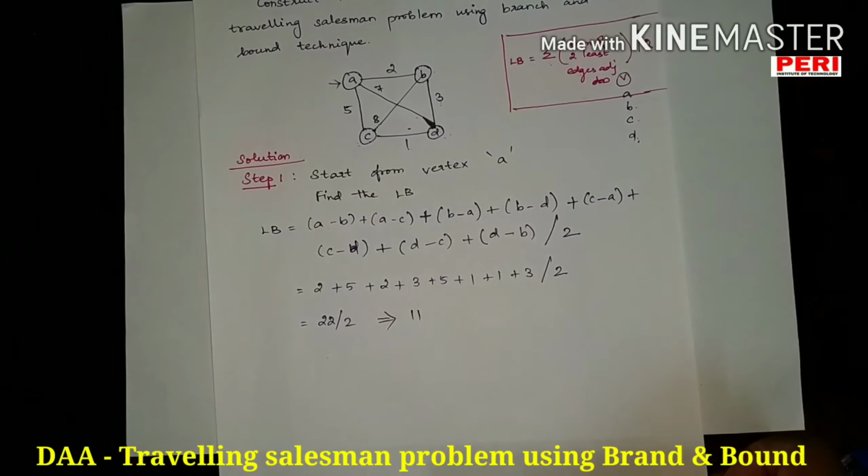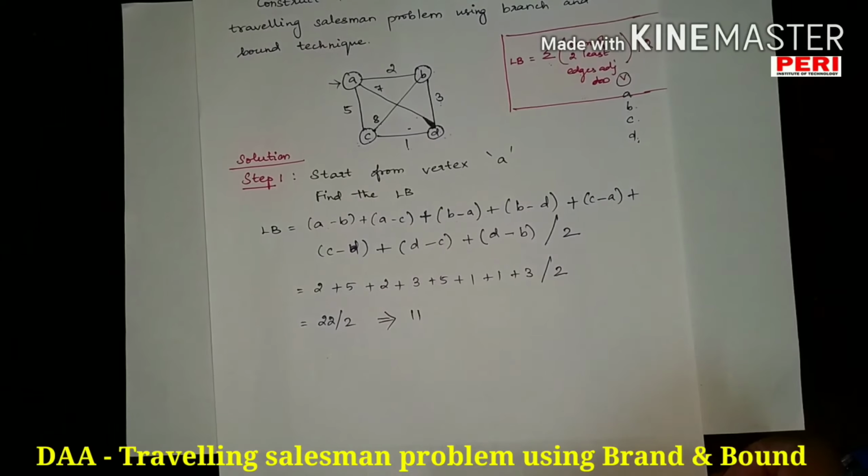Okay, so the added value will be 2 plus 5, and here you will be having 2 plus 3 I think, and for this it is nothing but 5 plus 1, and for the next one it is 1 plus 3. So the answer is 7, 5, 6, and here it is 4. So you are supposed to find the lower bound, right?